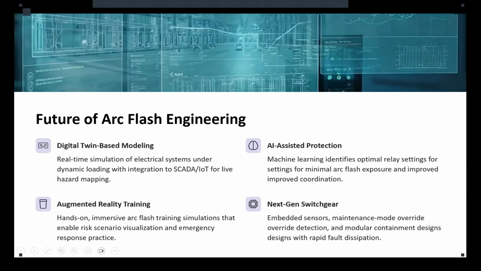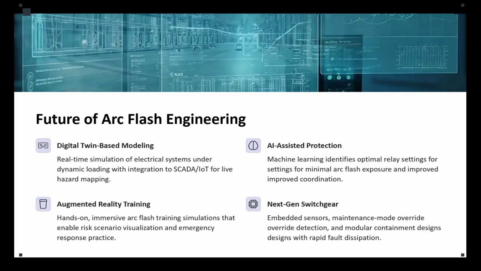Now, arc flash analysis and arc flash calculation is still a young kind of engineering analysis. There are several trends happening. We are transitioning from static arc flash studies to live and dynamic safety ecosystems. These trends include real-time arc flash dashboards linked to the SCADA system.